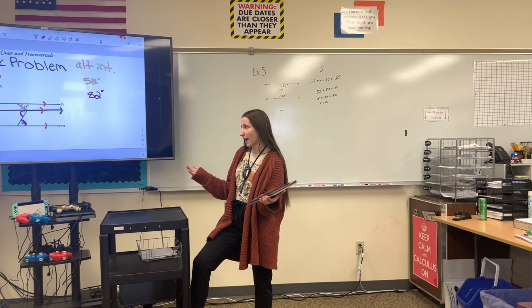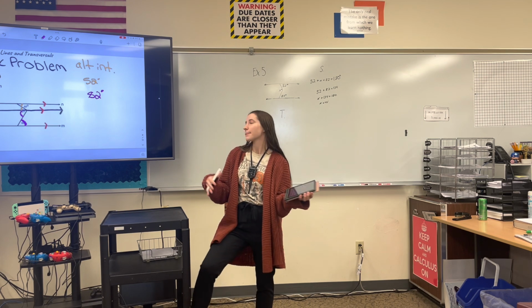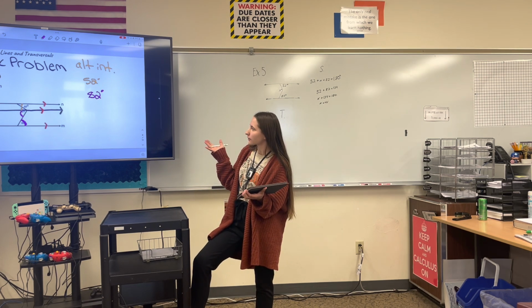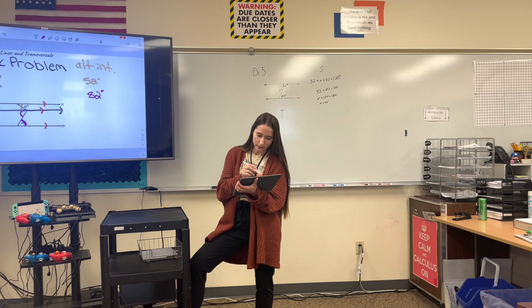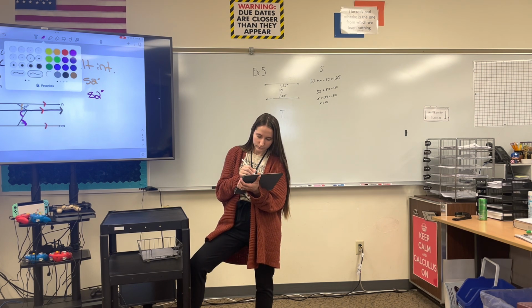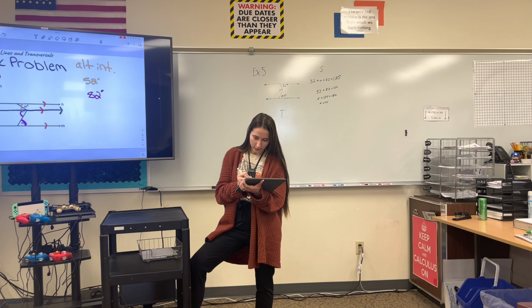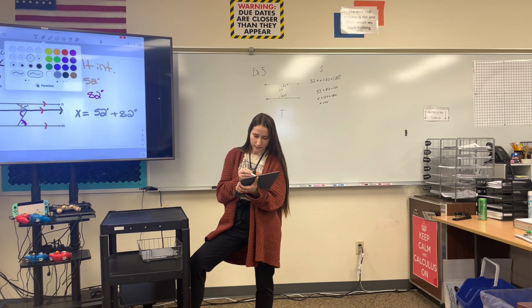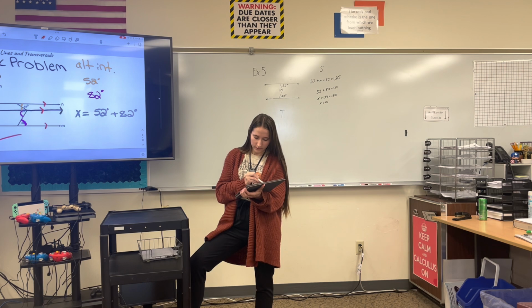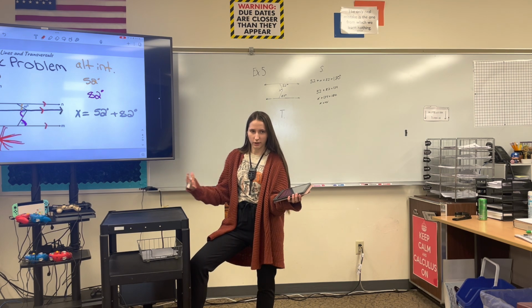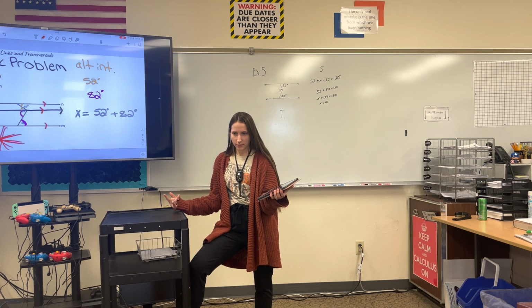I cut x with this parallel line, so now I just have to add the two together. So x is equal to 52 plus 82. And again, I'm going to draw the biggest red star I've ever drawn. So we wanna make sure we know how to do this one.